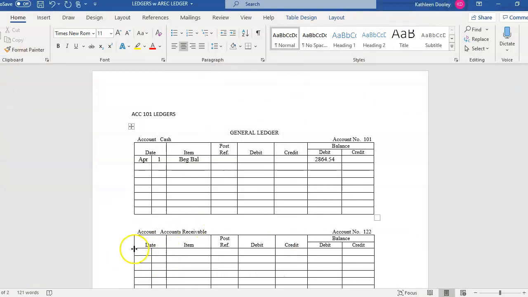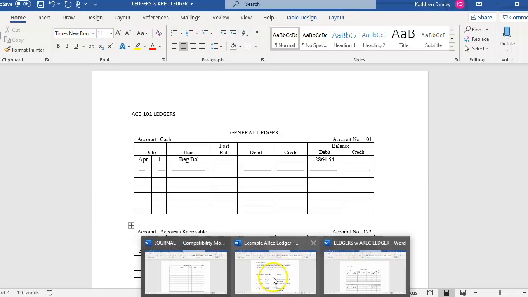So here's accounts receivable. We'll do the same thing there. April 1st. This is a beginning balance. And we go all the way over to the balance column. 2726.25. And so those were our two beginning balances for the general ledger.